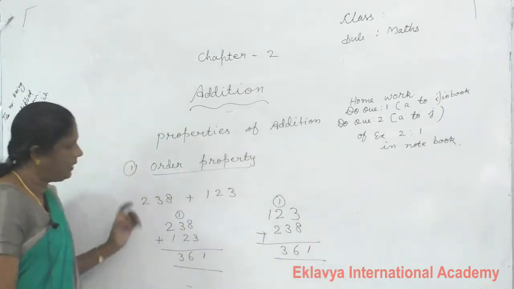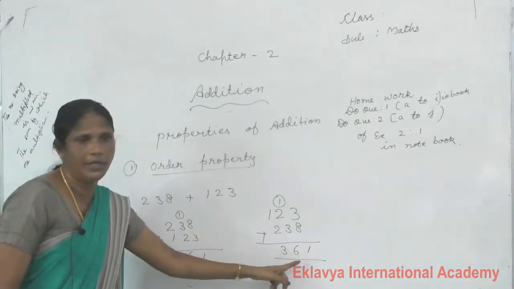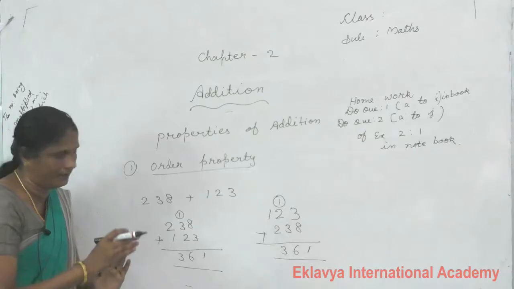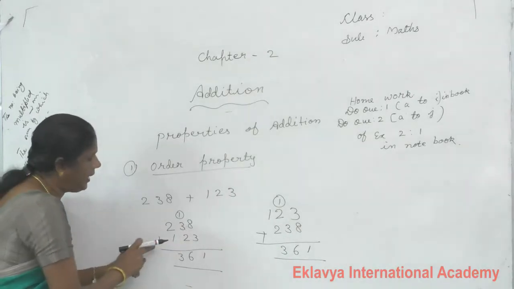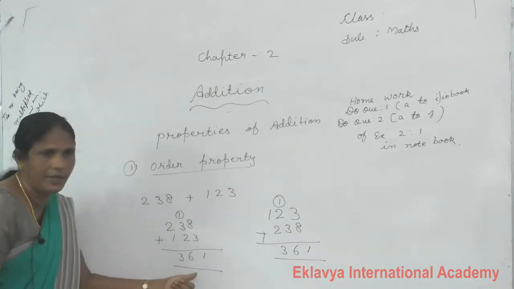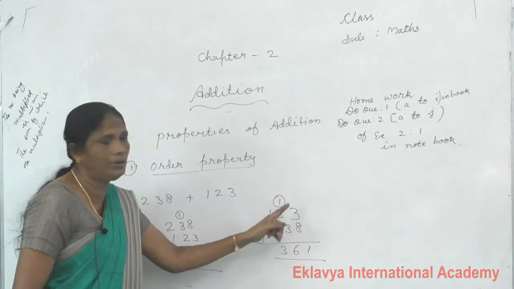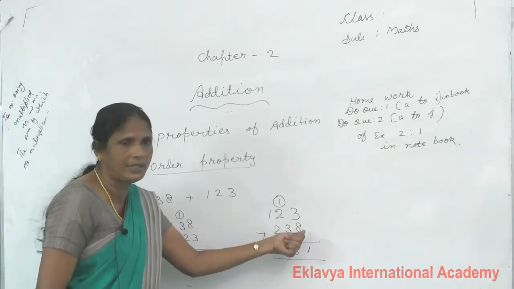Look here: 361, and here also 361. I change the numbers in order. First I write 238, then 123, the answer is 361. Here I write 123 first, then 238 second.